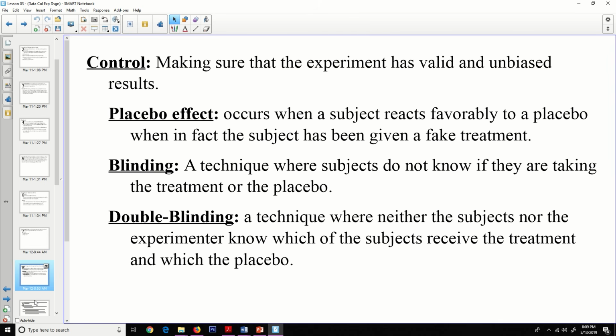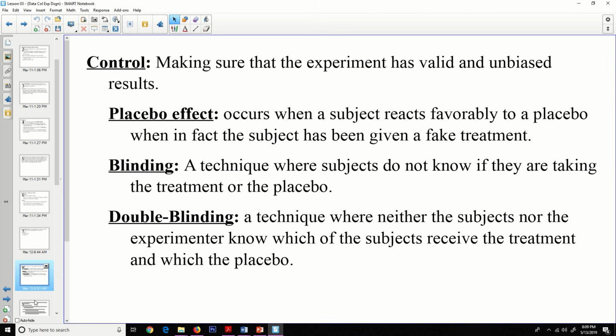The placebo effect is a true thing, when a subject reacts favorably to a placebo, when in fact the subject is given a fake treatment. Your mind is a powerful thing, and if you are given something and somebody tells you that it's going to make you better, if you believe them, it can have an effect that does improve whatever it is that they're claiming to cure.